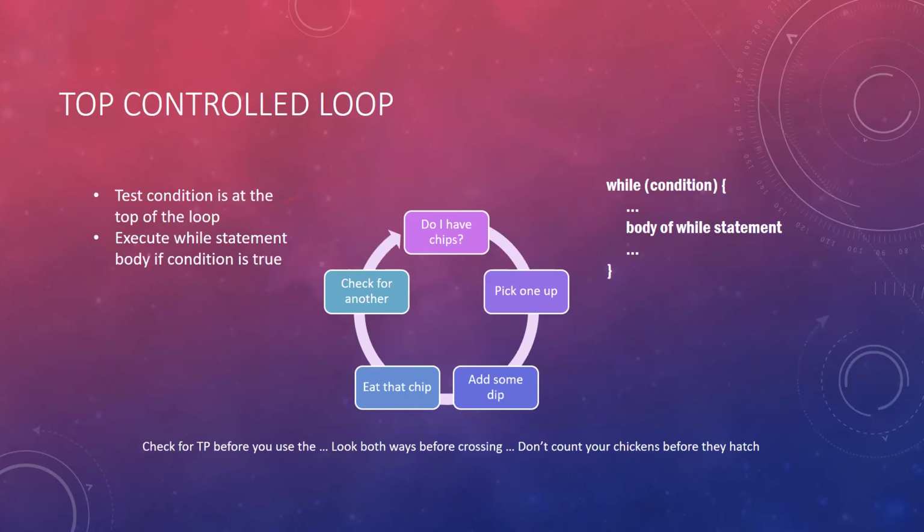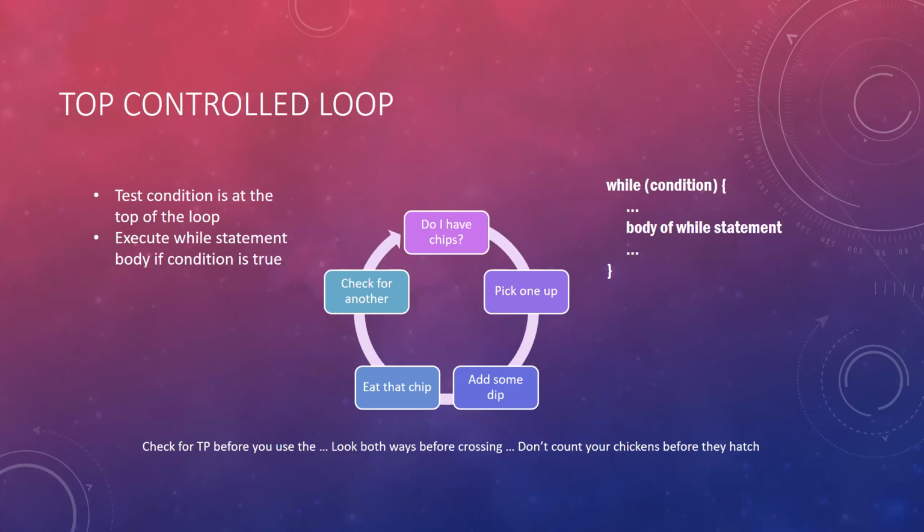So more on the top controlled loop. Whenever we're talking about a top controlled loop like that, the test condition is always at the beginning of our loop process. We execute the loop body if our condition is true. So let's see here.